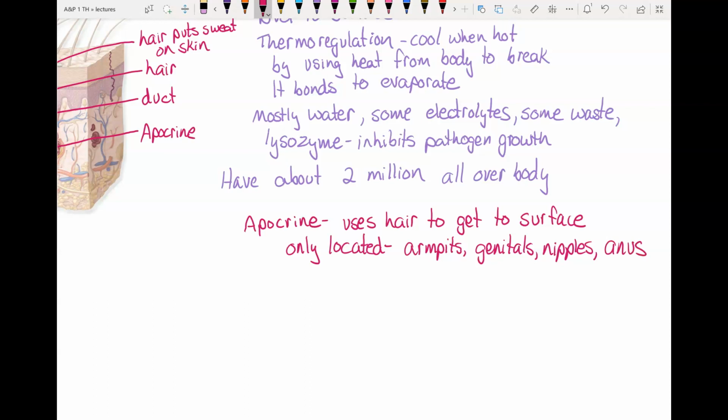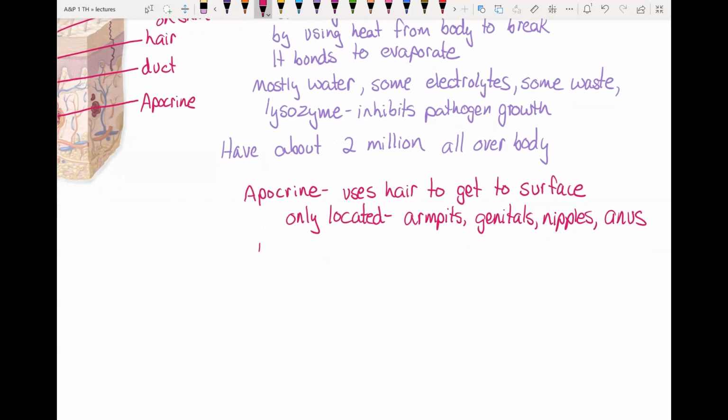Another thing about these sweat glands is they don't become active until puberty. So they are dormant until puberty. So make a connection here. At puberty is when these glands become active.